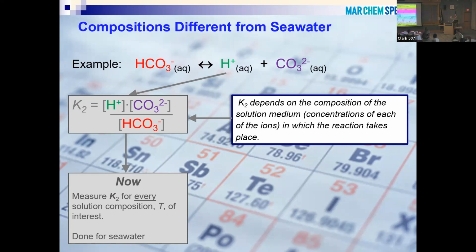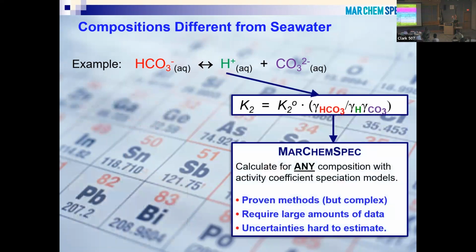So the alternative, more general approach is to express the equilibrium constant as a product of the thermodynamic value, which only varies with temperature and pressure, and a term in the activity coefficients of the ions. And using MarChemSpec or other models with a similar basis, you can calculate these activity coefficients for essentially any major ion composition.